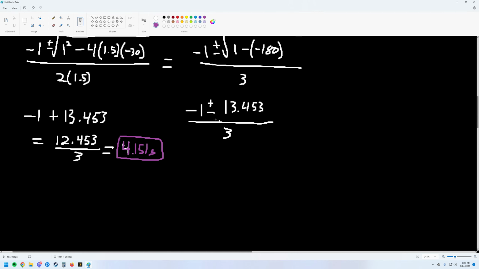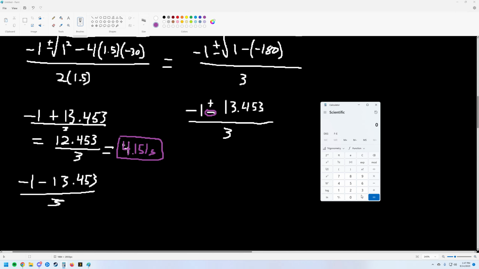Just for simplicity, we're going to try putting in the negative. So the other solution this gives us is negative 1 minus 13.453, all over 3.